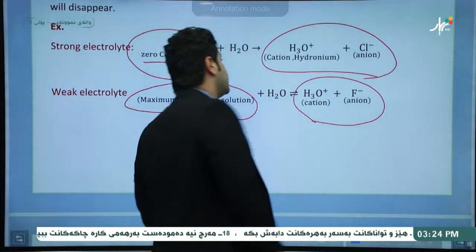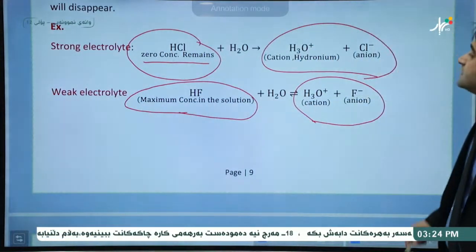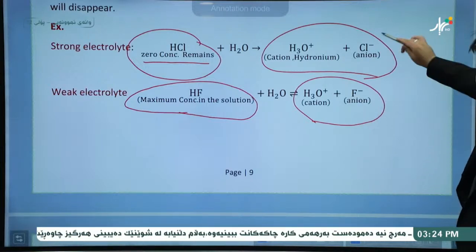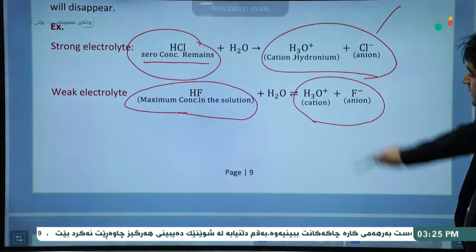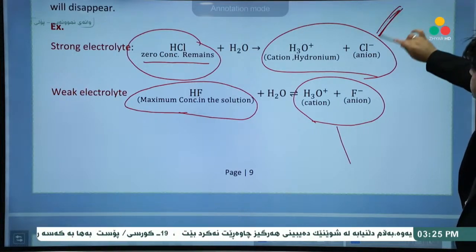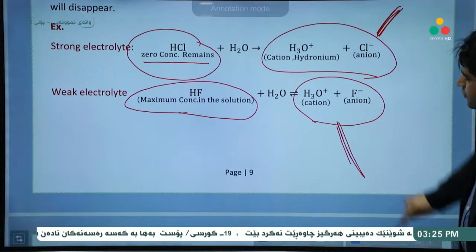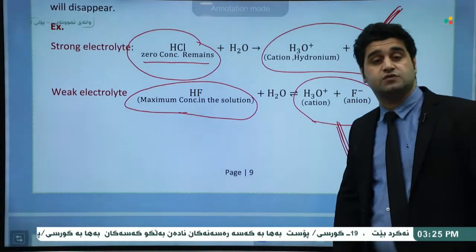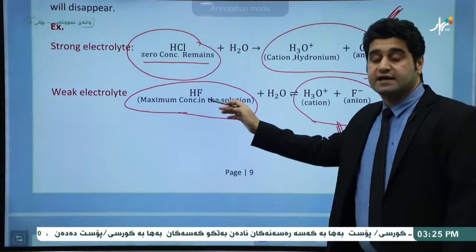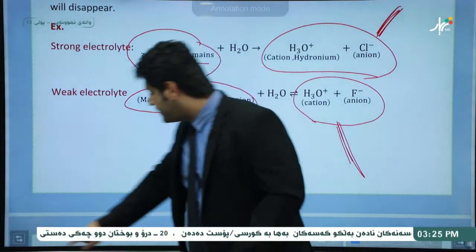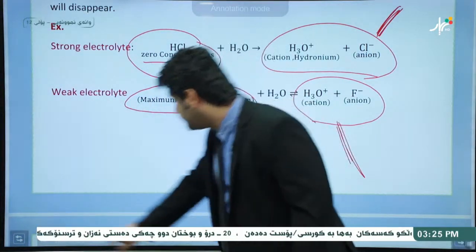So what is your expectation about the electric conductance for these two aqueous solutions? Here we have a large number of ions, so it should conduct electricity very well, but here we have poor electric conductance because there is a small number of ions. Why? Because the electrolyte is weak due to its bond strength.